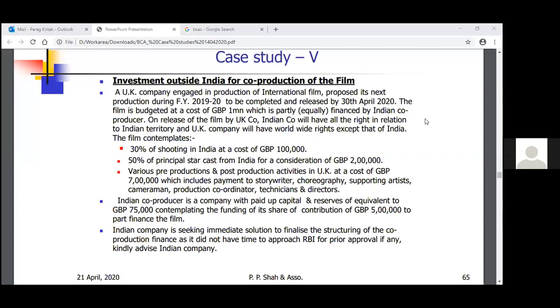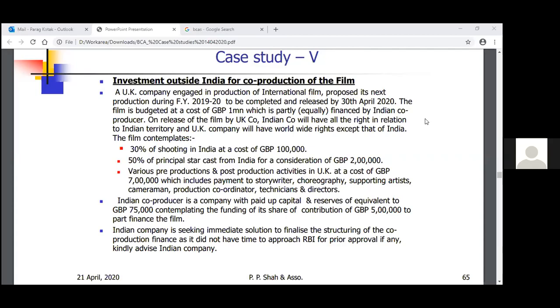Now, as you know, Notification 120 prescribes various conditions. Number one, it is a UK company already engaged in production of international film. So that means it is an existing UK company, and an Indian company is contemplating to invest 50% in that particular company. And therefore, to my mind, immediately the first requirement is the valuation of the UK company.